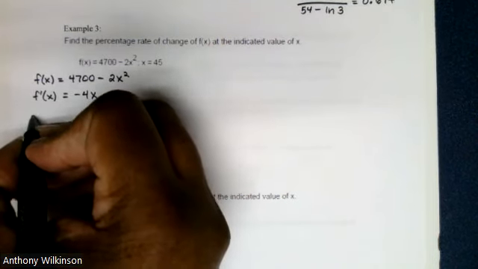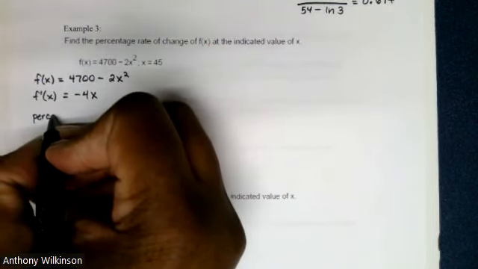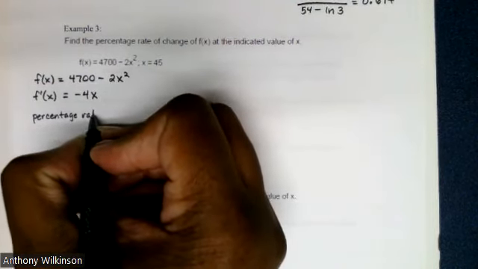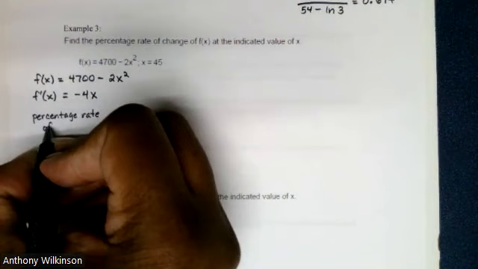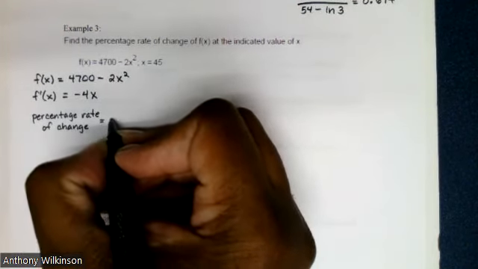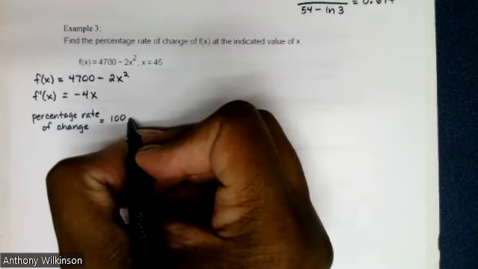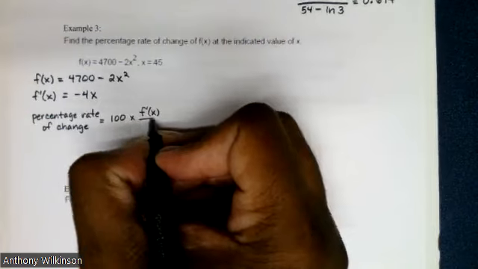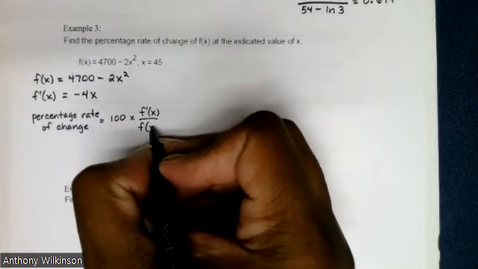Now the percentage rate of change is given as this: 100 times f prime of x divided by f of x.